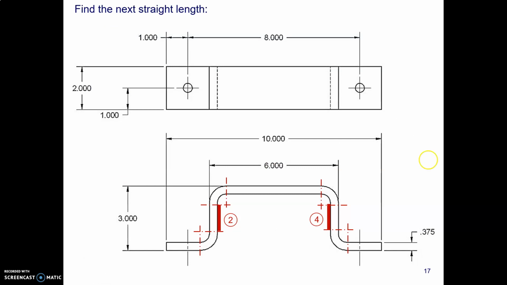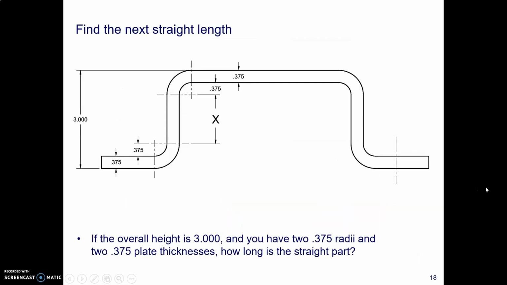All right, now we want to get from that first bend line to the second bend line. So we want to find how long this straight part in this vertical leg is, dimension x. And what do we know? We have an overall height of 3 inches, and we're looking for just this straight segment.